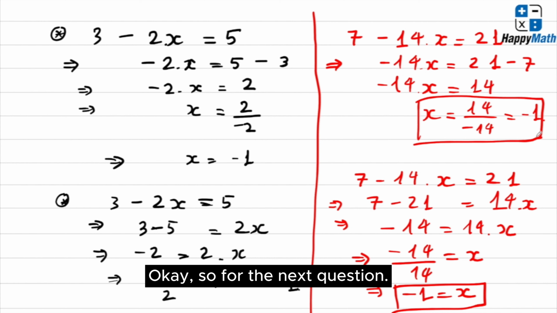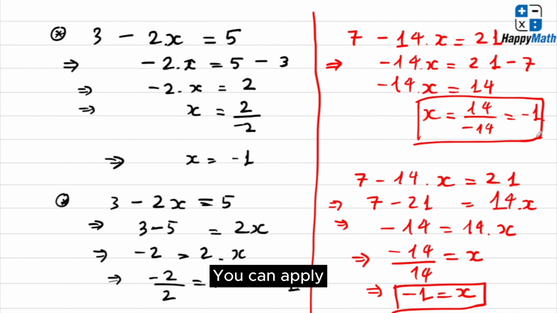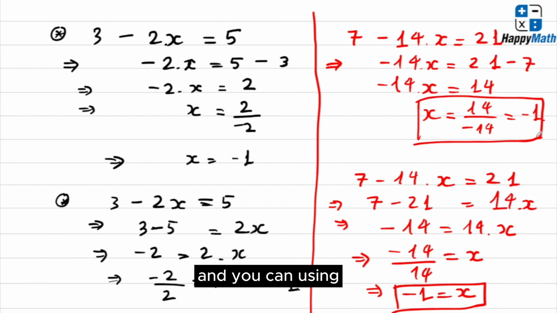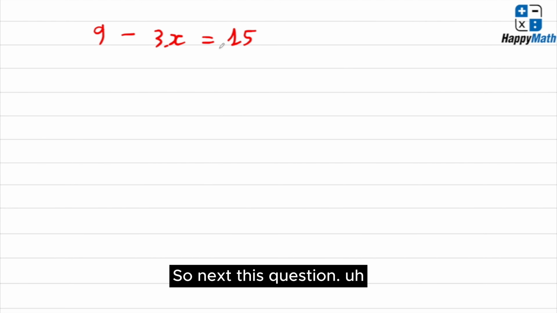Okay. So for the next question, you can apply one of the two ways, and you just write down only one way. Which one is your favorite way? You can use that way for solving the equation. So next, this question. Stop the video right now, do it by yourself, and then play the video and compare to my answer.